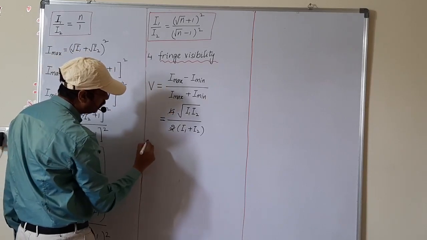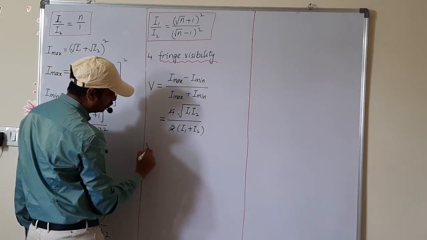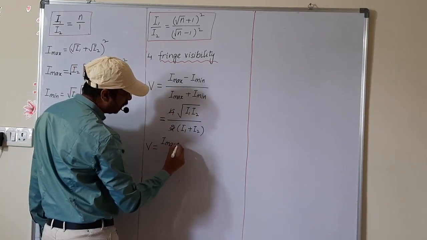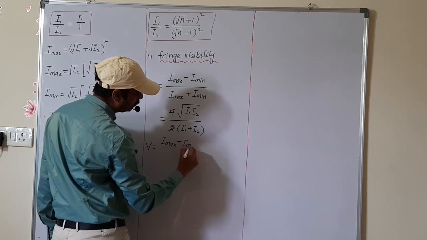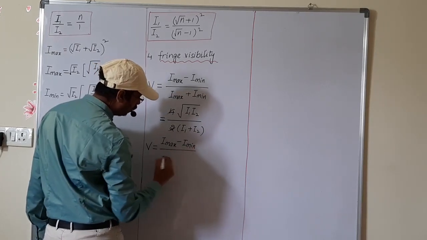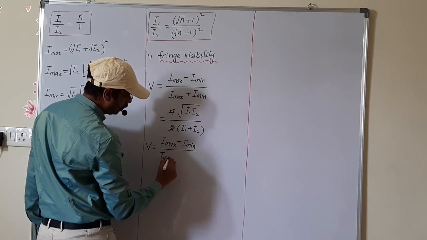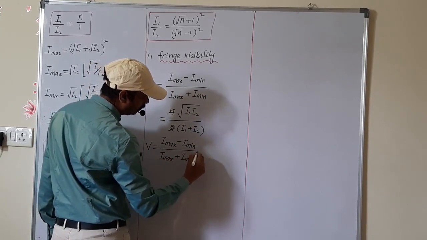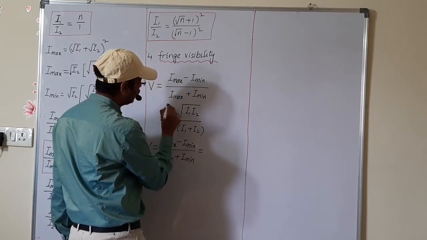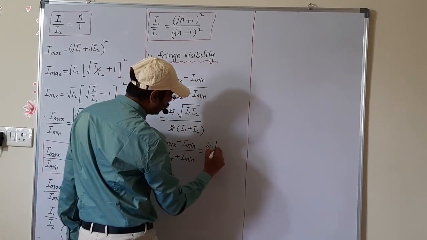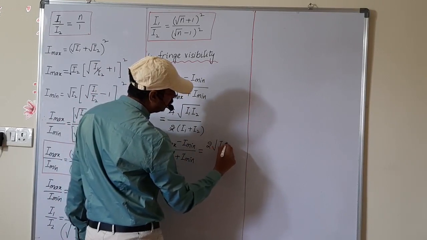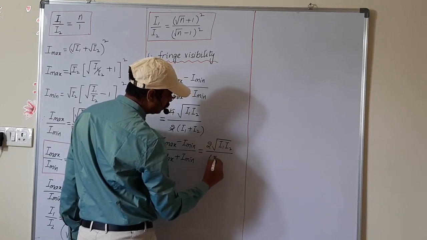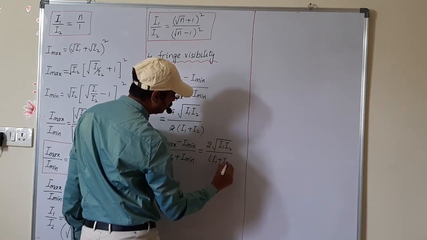So the fringe visibility V, equal to I max minus I min upon I max plus I min, is equal to 2 under root I1 I2 upon I1 plus I2.